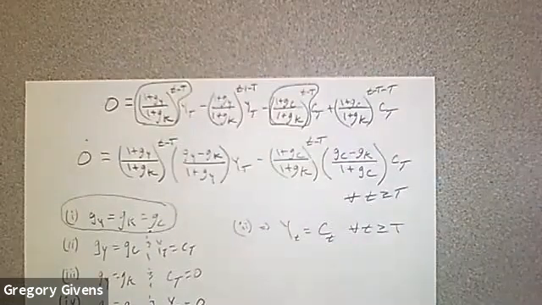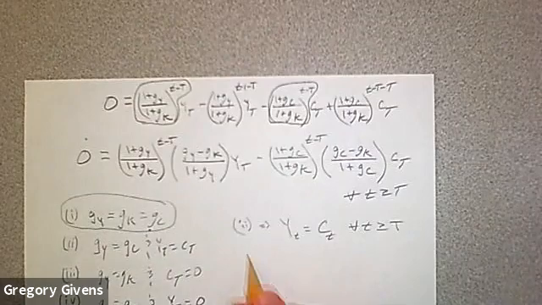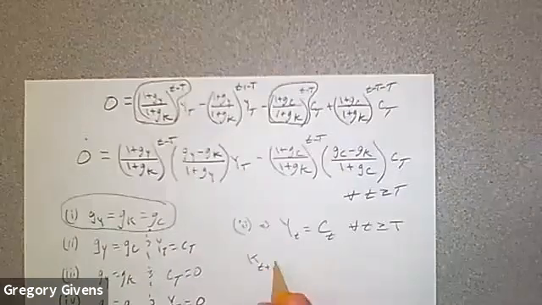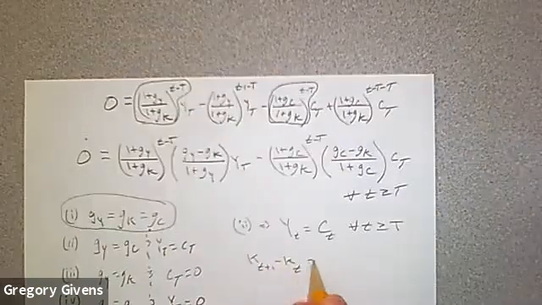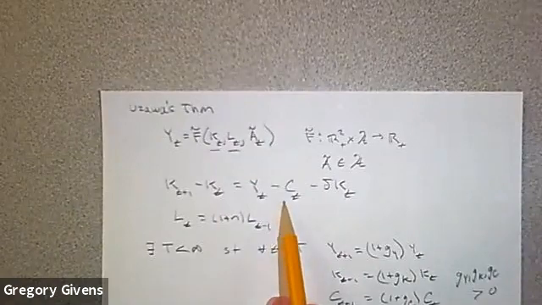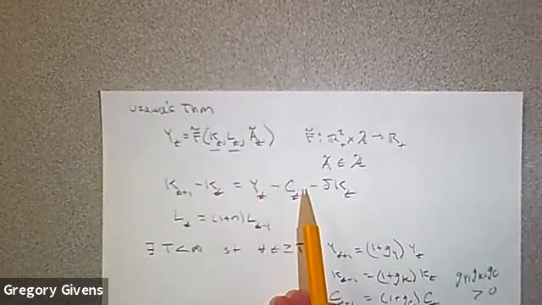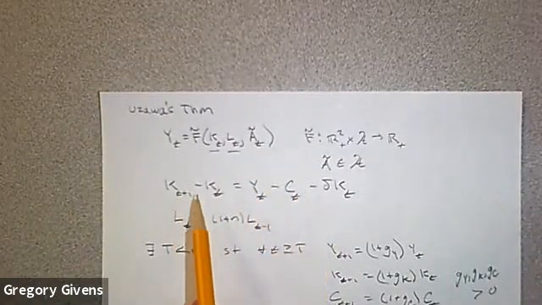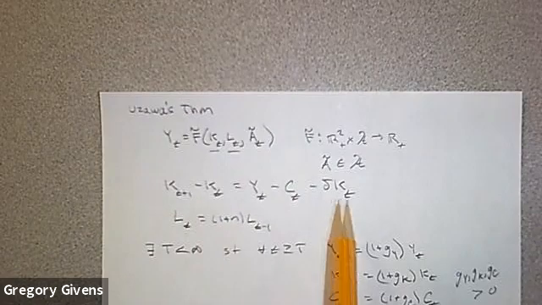But if Yt is equal to Ct, then that means that Kt+1 minus Kt is simply equal to negative delta Kt. That's from the resource constraint. If Yt is equal to Ct, then the change in the capital stock is just negative delta times Kt.